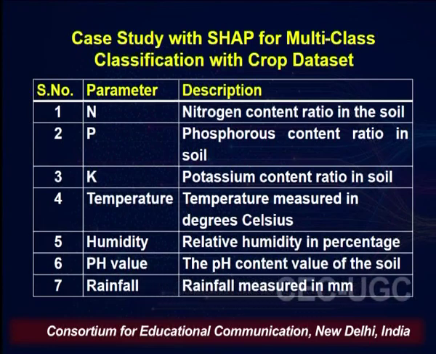So, this is one data set, a crop data set where you have certain parameters: nitrogen, phosphorus, potassium, temperature, humidity, pH value, rainfall and all. Given these parameters, maybe the agriculturists want to know which crop to invest in at a particular season or time of the year.